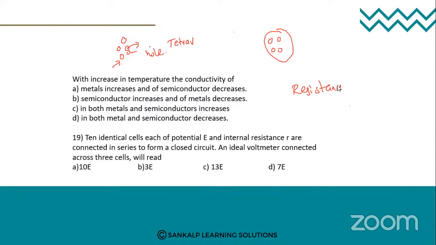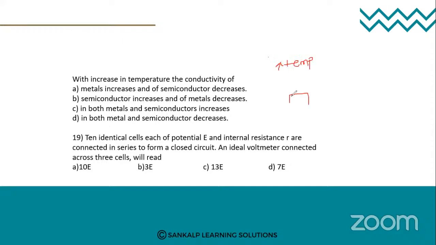Okay, so for the previous question, question number 18, I just want to correct that. When you increase the temperature, the electrons go, in case of semiconductors, from the valence band to the conduction band. So here, in the conduction band and valence band, we explain a theory.